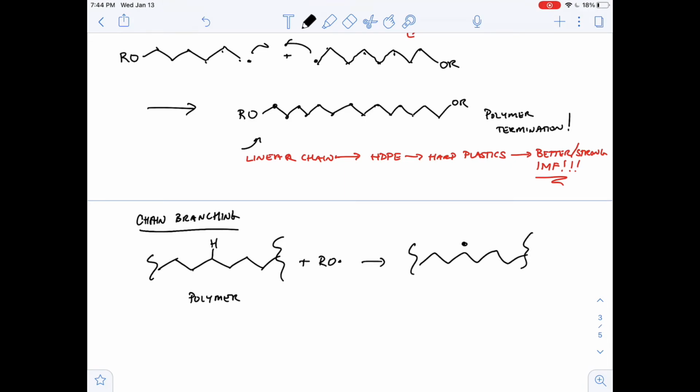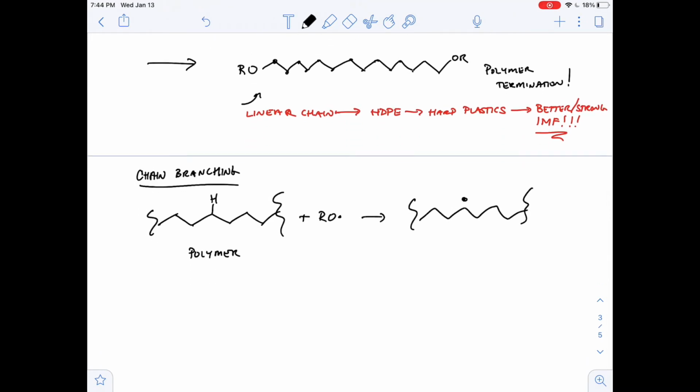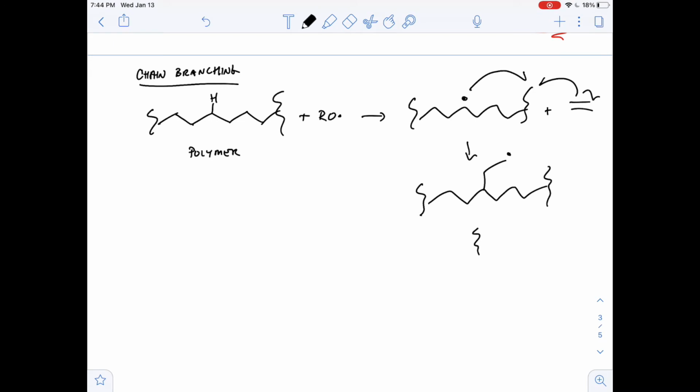Just remove a hydrogen is what we're doing, right? We can do that all day. That's kind of what we do in a radical game. So that dot can now attack a monomer, right? And so what we end up getting is we start adding not to the terminal position of that polymer, but to somewhere in the middle of it. And then that starts to build and build and build.